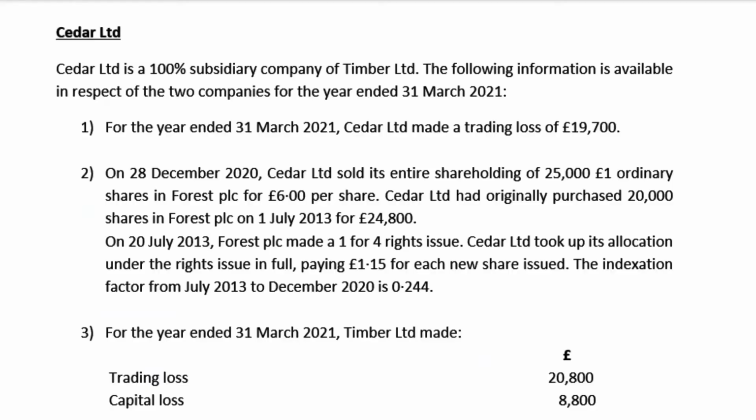The final part to this question would be looking at Cedar Limited. Cedar Limited is a 100% subsidiary company of Timber Limited. The following information is available in respect of the two companies for the year ended 31st March 2021. For the year ended 31st March 2021, Cedar Limited made a trading loss of 19,700.